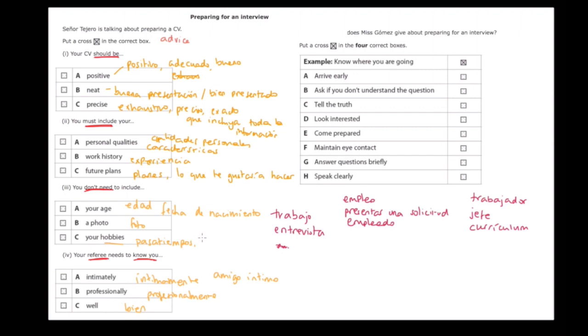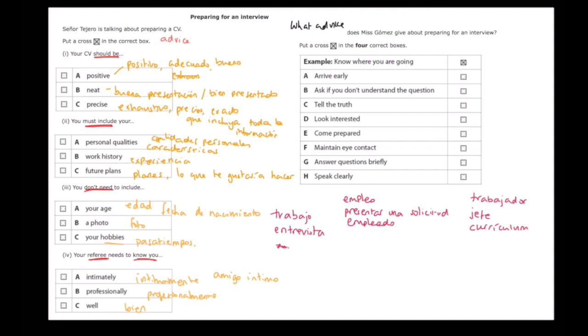So second part. And for some reason, part of my question has disappeared. Second part is what advice does Miss Gomez give about preparing for an interview? So again, she's giving advice, so those things I said about possibly using subjunctive and imperative might come up again.